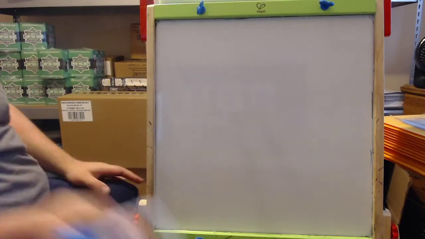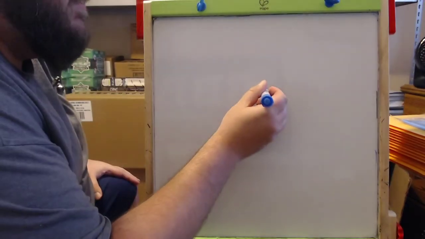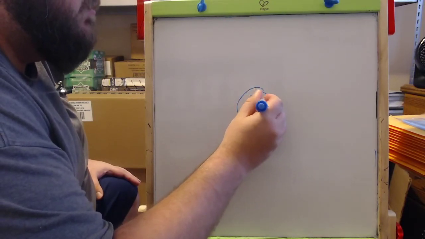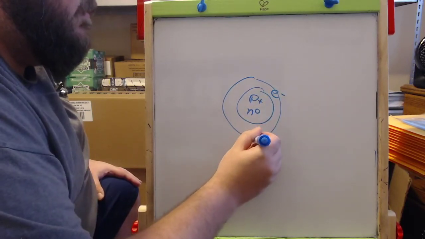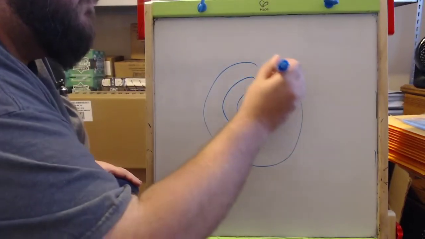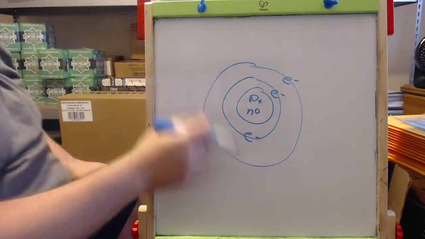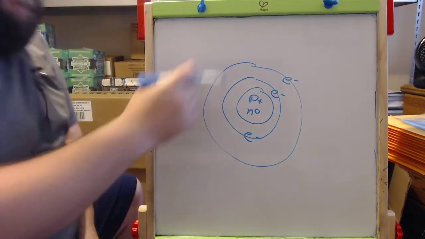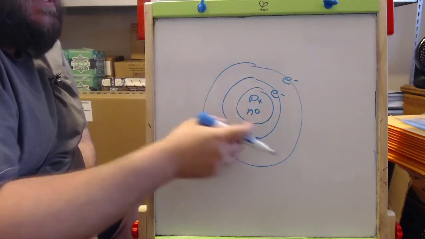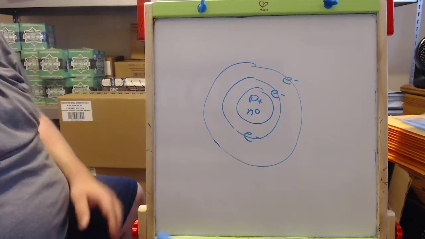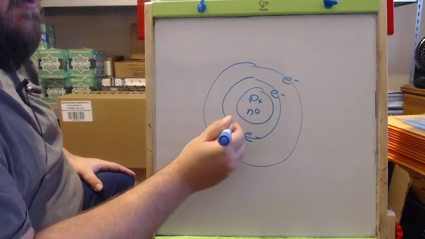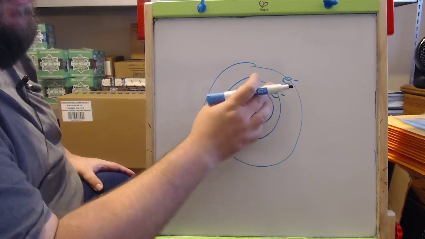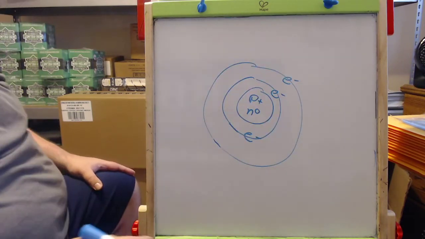So here's what we have to understand. Through all the experiments that I said, if you guys wanted to read about them, here's what they found out. They found out again that the nucleus has the protons and the neutrons. And then outside are the electrons. Now, the electrons keep adding, layer by layer by layer. When one layer has the total amount of electrons needed, the next layer starts.